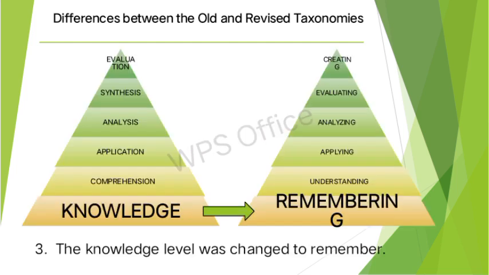Let's move to the third one. So, in the old taxonomy, the lowest level was knowledge, which referred to recalling and retrieving facts and information. While in the revised taxonomy, the lowest level was changed to remembering, although they are conceptually similar, because using remembering emphasizes the active process of recalling and retrieving information from memory, so not just simple recognition or awareness, because it highlights the process of accessing information rather than simply knowing it.